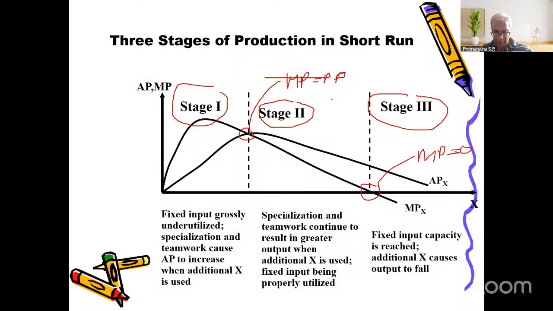Again, a revision: these are the three stages in the short-run production: stage 1, stage 2, stage 3. Look carefully at the boundaries. In the exam, I'll give a production function. Now we have to look at, as a producer, which stage they take the decision in. Whether stage 1, where they recruit labor or whatever the input, let's say here 10, let's say here 22.